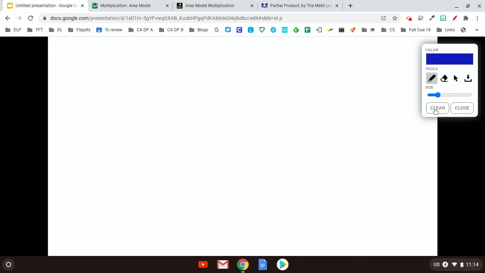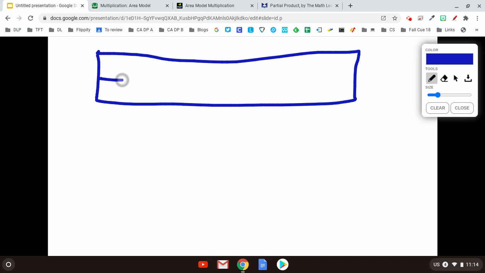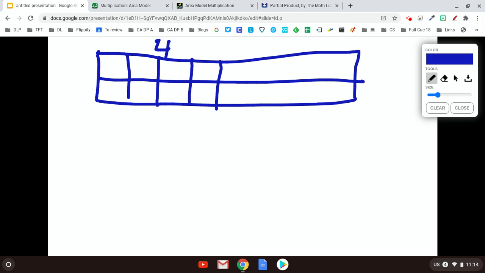But let's think about it visually again. Let's look at our earlier piece where we have our 2 by 4 and our 6, so that divides right there.